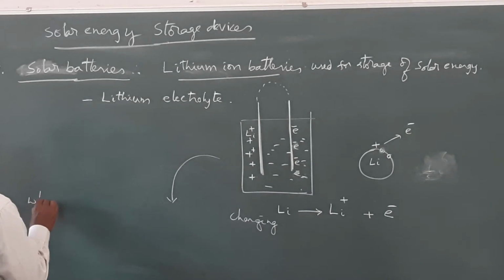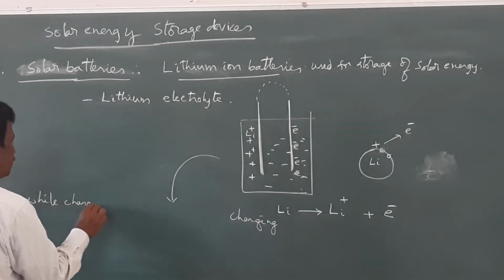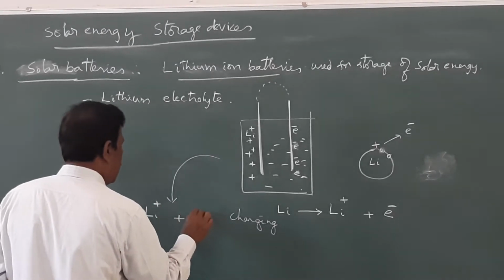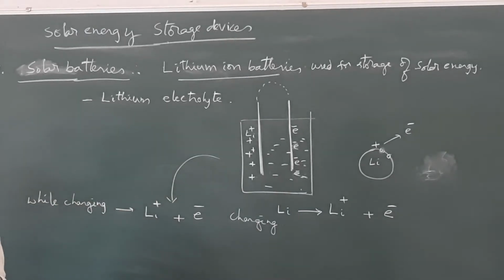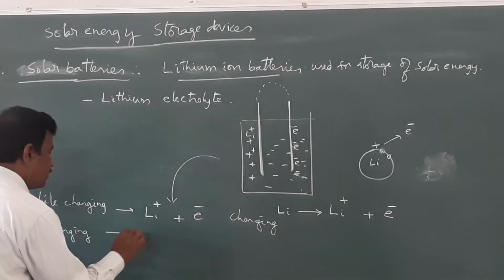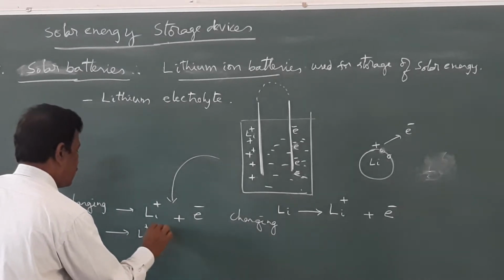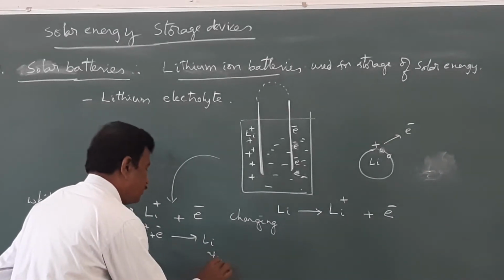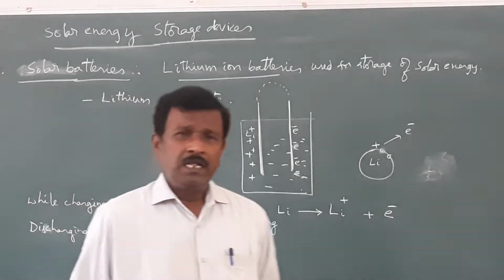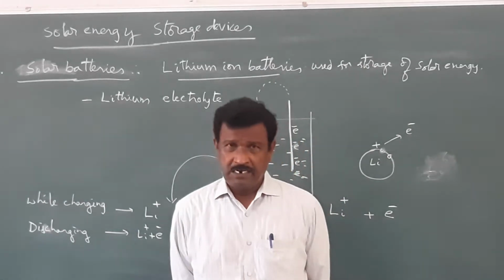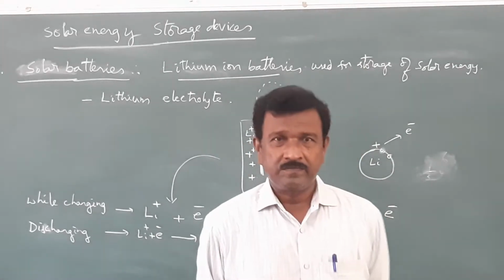Therefore, while charging, lithium ions and electrons are formed. While discharging, lithium atoms will be formed. This cycle of process will be taking place while charging and discharging of batteries.